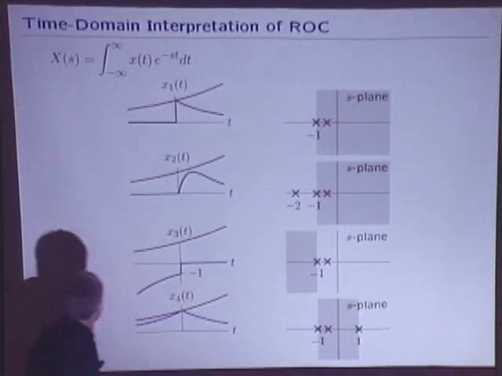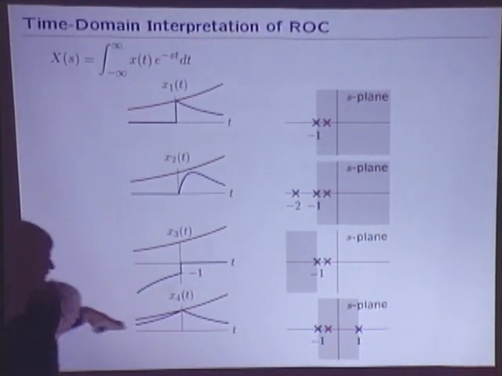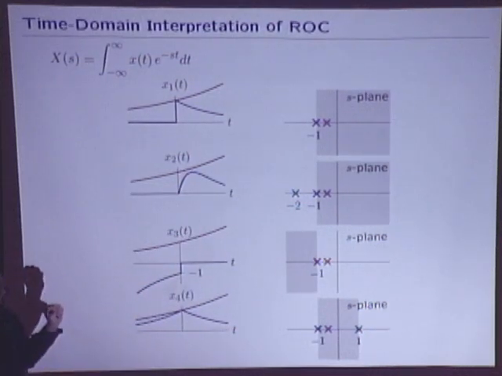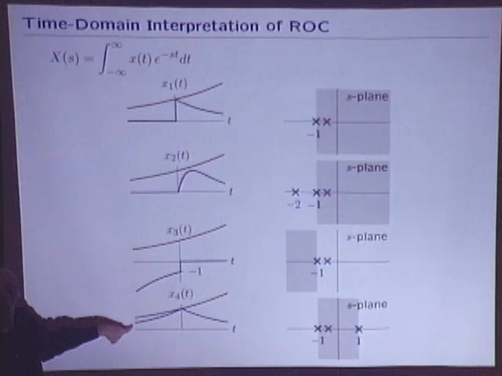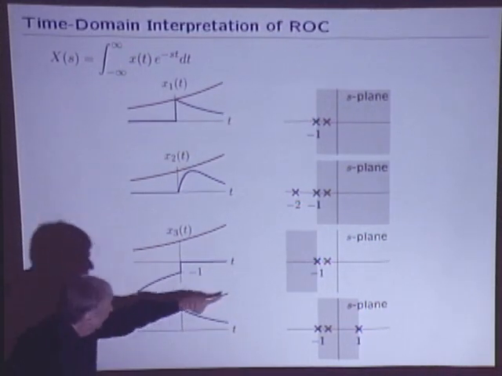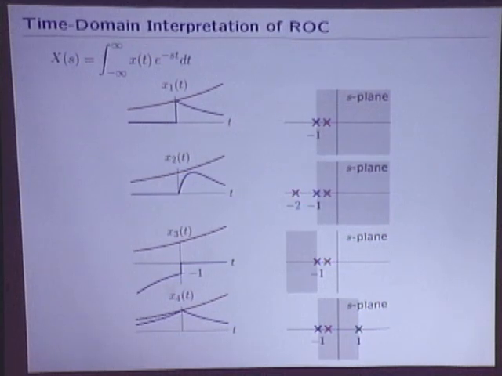The integrand, this thing that I'm integrating against, it's always becoming greater as I go toward positive infinity. That tends to be convergent on this side and divergent on that side, but it's not divergent enough to make the function not converge. So I'm in the region.